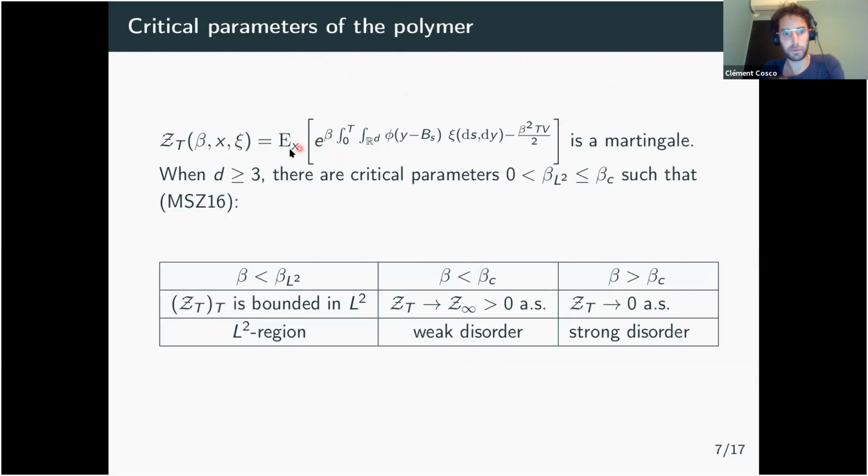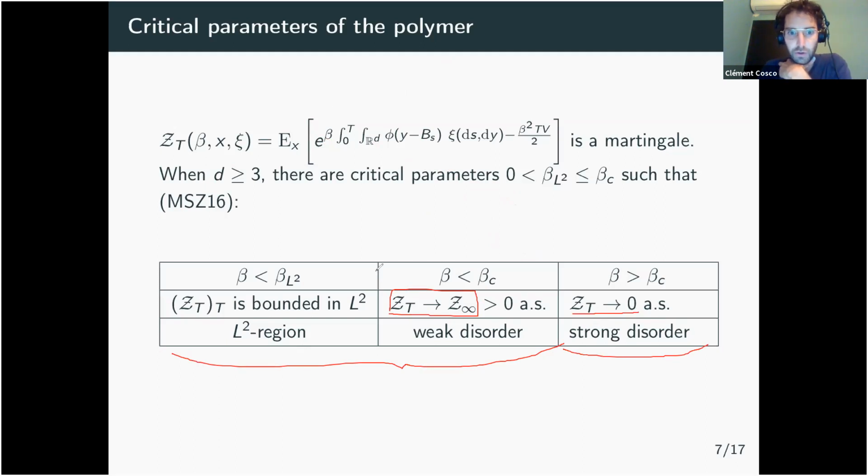The interest of having this polymer point of view is that this Z_T, this partition function, is a martingale, and in dimension bigger than 3, it satisfies a phase transition in beta, in the sense that when you are below a parameter beta c, then Z_T will converge to a positive limit. Whereas if you are above beta c, Z_T will converge almost surely to 0.